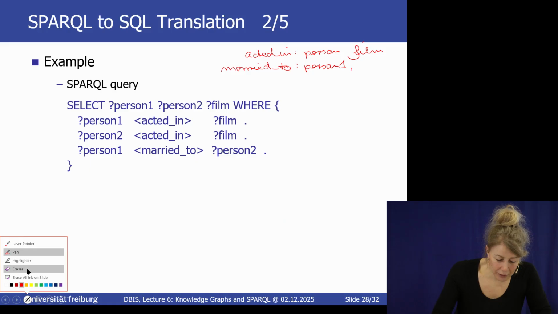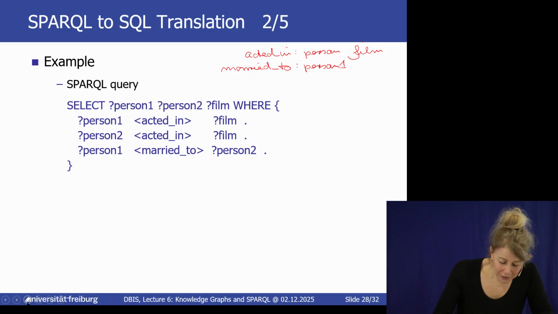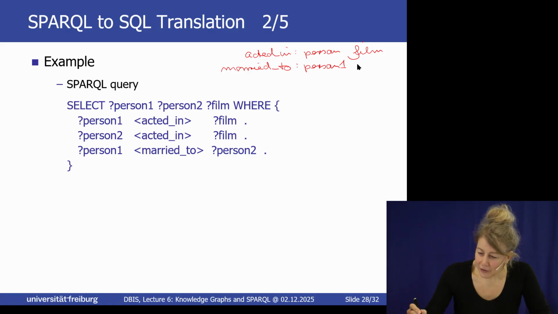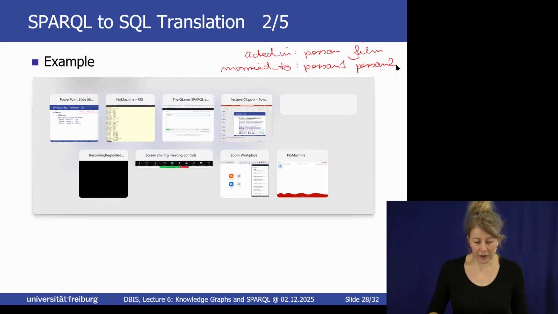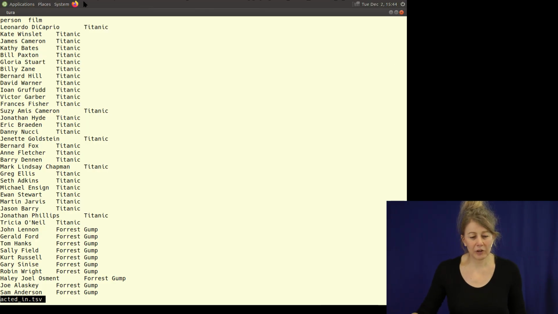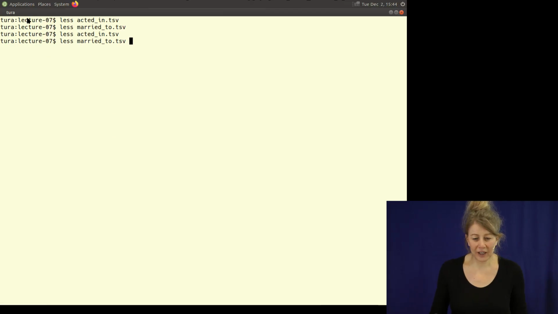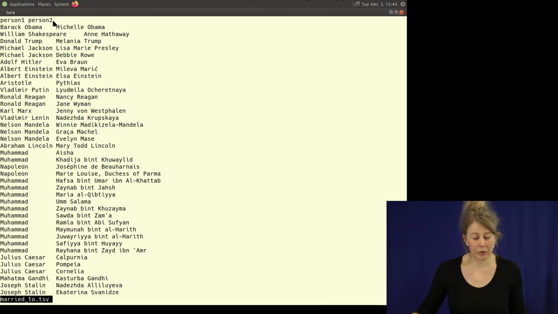We only do couples, sorry, the world could be more complicated. We only do two people married to each other, and let's just look at them again. We already did it, so here we have it, person and film, that's acted in, and person 1, person 2.